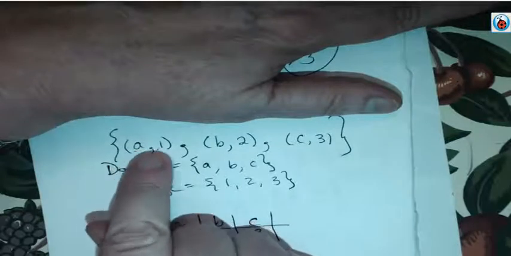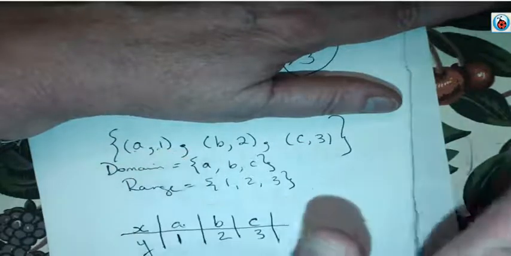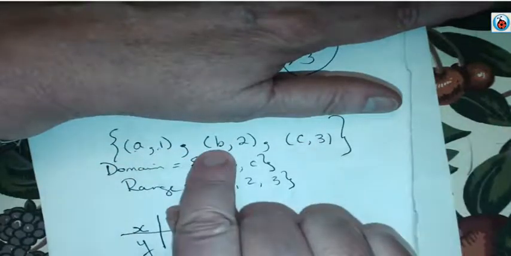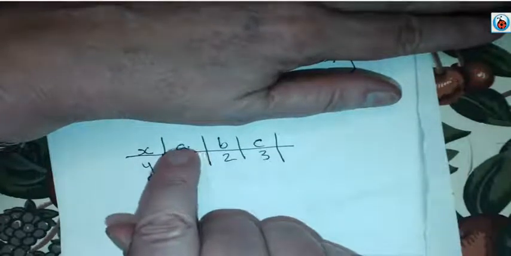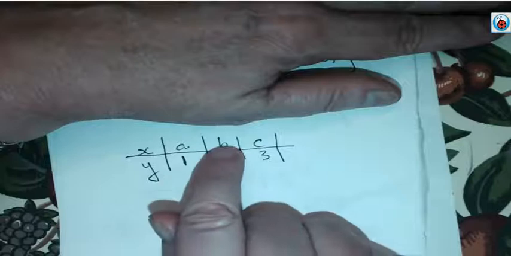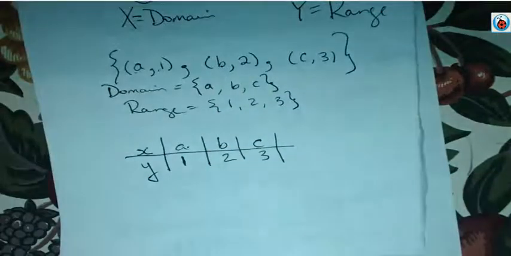A is only paired with one thing. A is not repeated as a first entry, so it's only paired with one thing. So I'm good. B is only paired with one thing. C is only paired with one thing. And if I'm asked, is this a function, yes or no, I'm looking, and A is only paired with one thing. It doesn't appear up here again paired with something else. So this is a function.